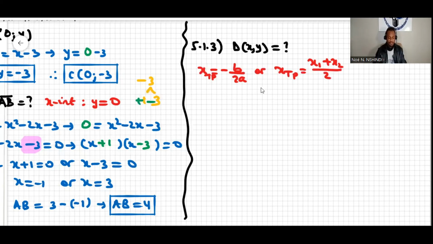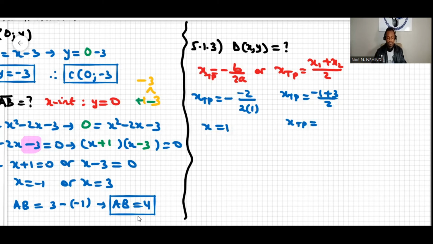If I use this one, xTP will be equal to minus negative 2 over 2 times 1. So this would make 1. Even if you do the average, xTP is negative 1 plus 3 over 2, and the turning point is just 1 also.